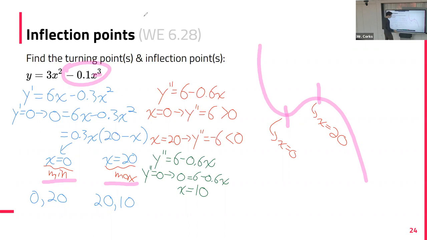And then we have this inflection point right here in the middle, where x equals 10. So we have the basic shape. We have 3 different key points on this function, and we also know exactly where they are. We could just put these back into the original function and get the y values of each of these if we wanted to. We'll skip that here, but that would be a very easy extra step to do.